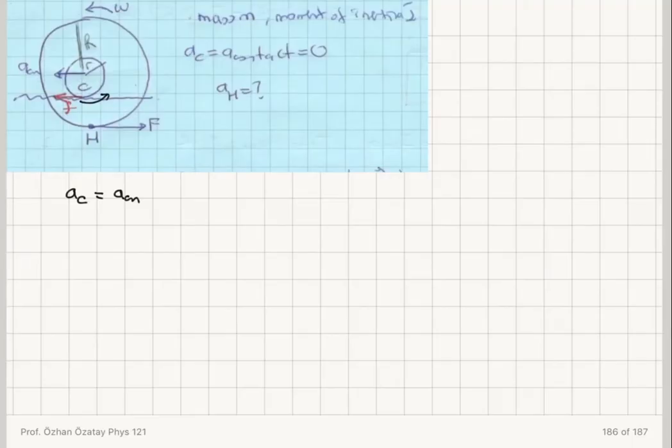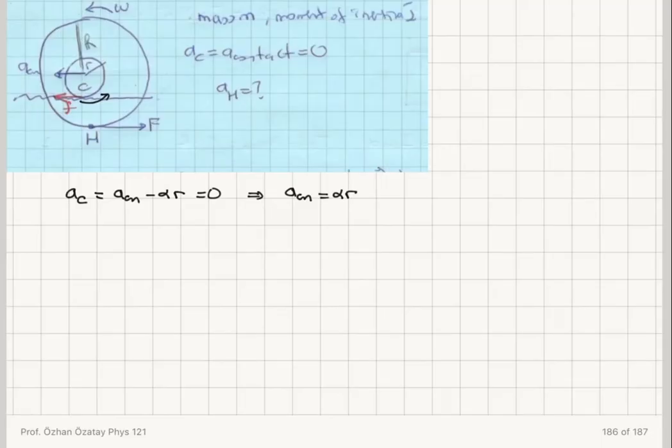All right, and then because it's rotating like this, it has a negative contribution, minus alpha times small r, from the rotation. So if I add the two acceleration vectors, I will get the acceleration of the contact point. And this is 0. So basically it's telling me that the center of mass acceleration is alpha times small r.